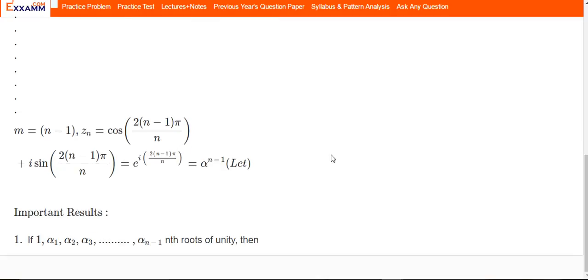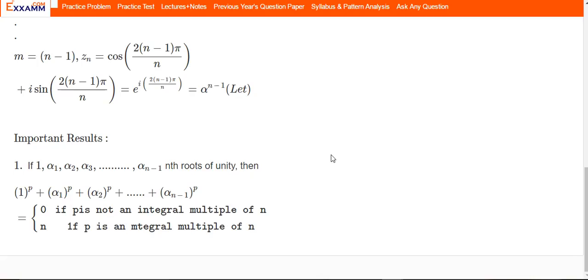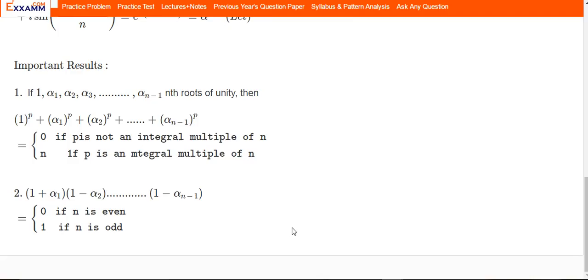Now some important results. I am not proving these results, I am just mentioning these results as of now. So if 1, alpha 1, alpha 2 up to alpha n minus 1 are the nth roots of unity, then the value of this expression is equal to 0 if p is not an integral multiple of n, and is equal to n if p is an integral multiple of n. We will try to give examples where these properties will be used, but as of now we are just mentioning it.